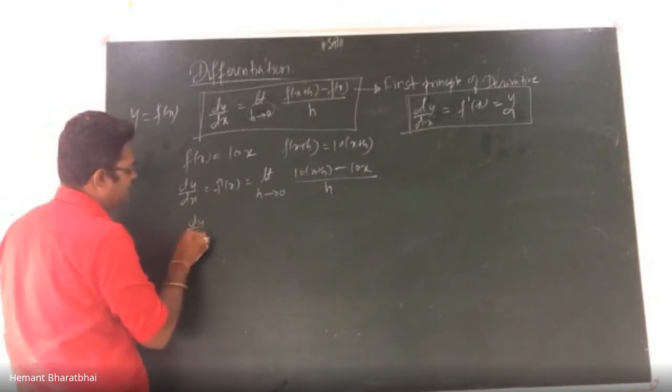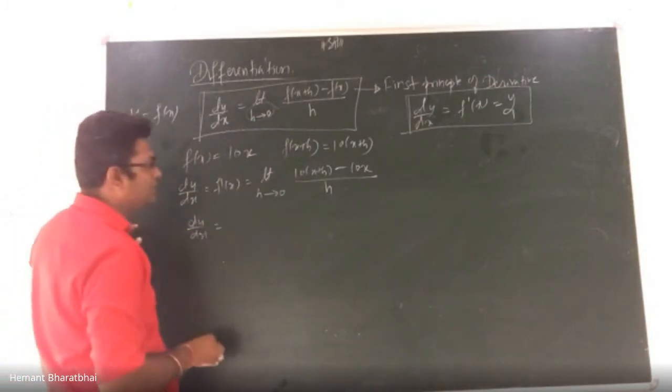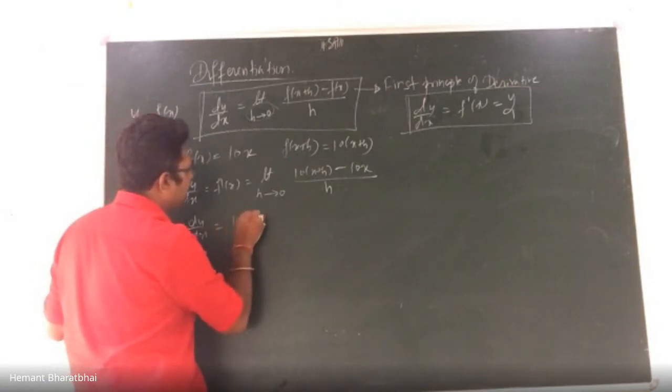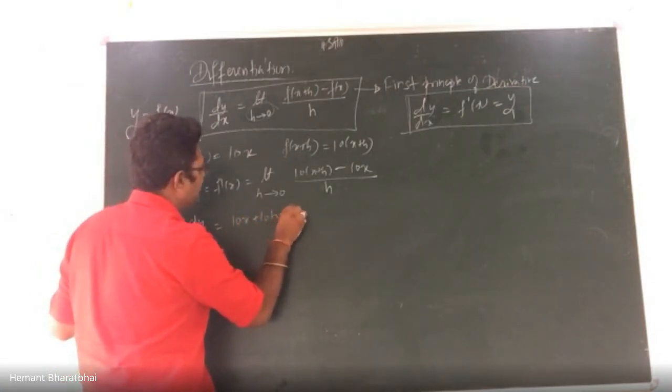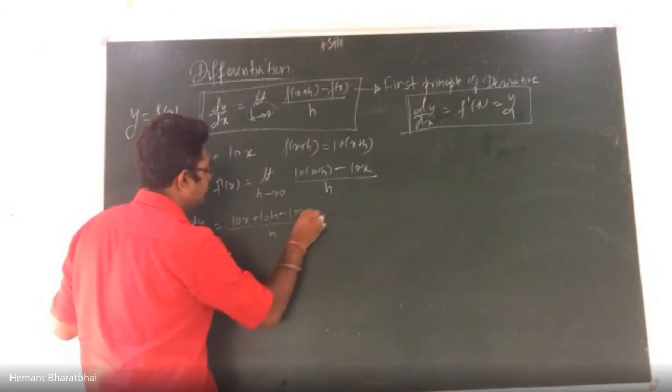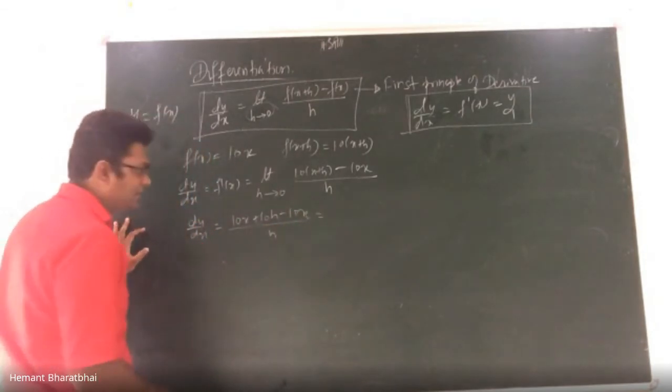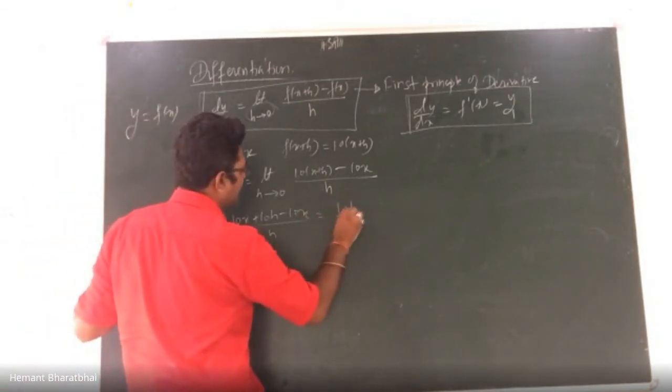Therefore dy by dx is equal to 10x plus 10h minus 10x upon h. So plus 10x minus 10x gets cancelled, and I get 10h upon h.